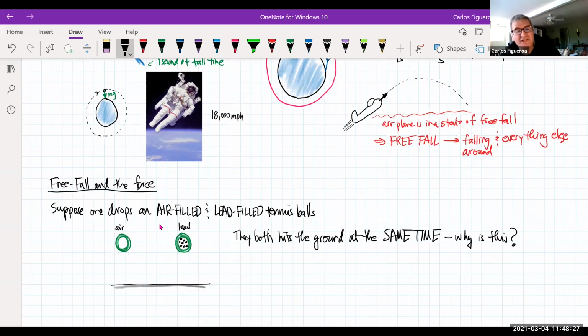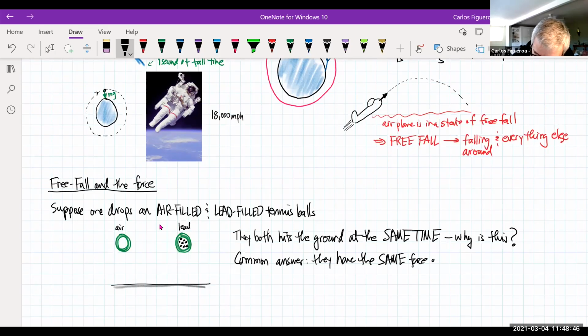And you know what most of the answers are? They say they have the same force of gravity. Common answer. They have the same force of gravity. That's the common answer.